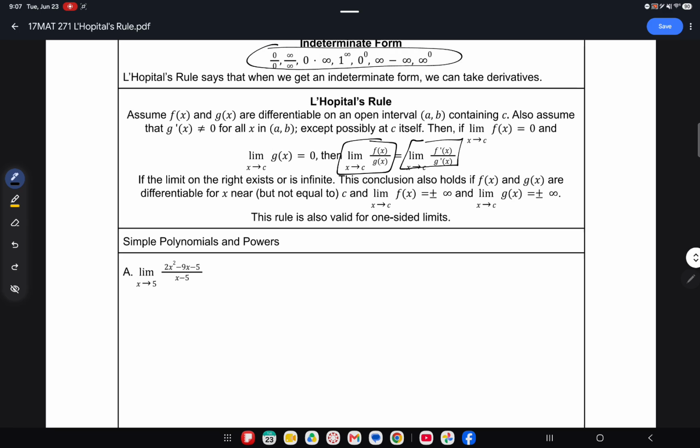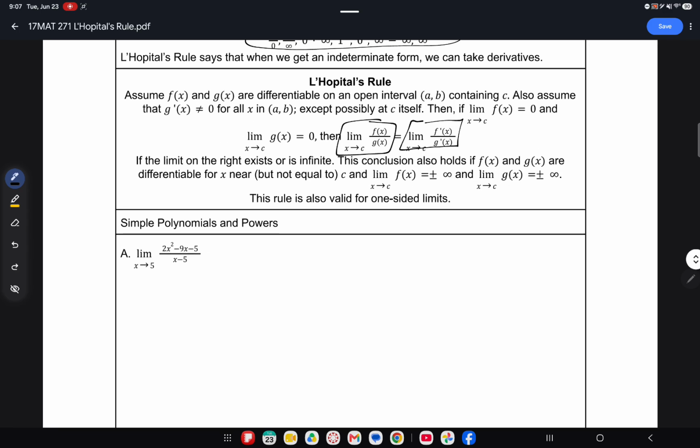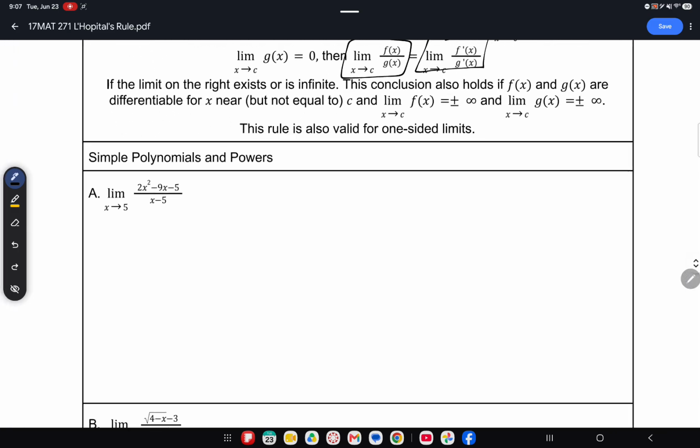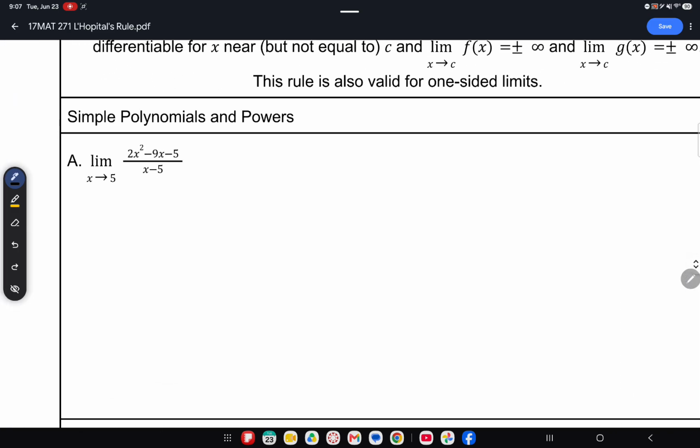So let's try it. I like to joke and say that L'Hopital's rule is the way you think that quotient rule works. All right, so if I were to directly substitute in 5, I'm going to be left with a 0 in the denominator. So I would try and factor the numerator, and I don't, off the top of my head, see something that factors out.